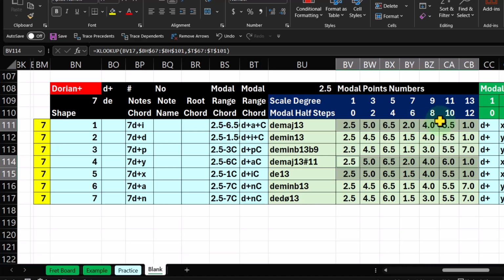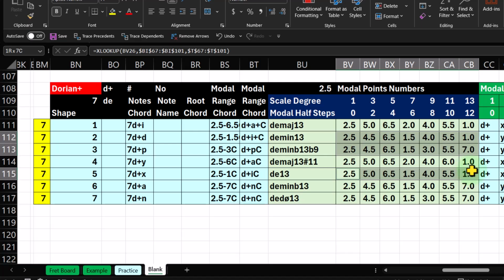The same 8th modal half step, 9th scale degree makes sense. And then we have a difference on the 10th modal half step, 11th scale degree with the Lydian, because it has an augmented 4th or augmented 11th. And then we have the same 12th modal half step, 13th scale degree. Makes sense. That's the 9 note away distance.